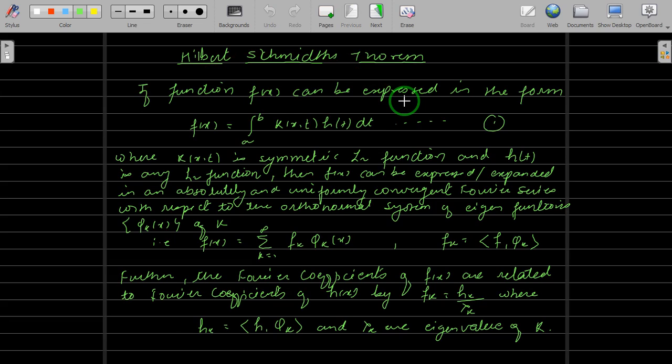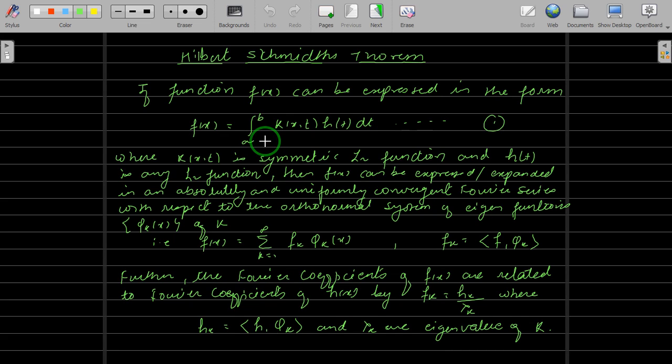The Hilbert-Schmidt theorem says: if a function f(x) can be expressed in the form f(x) equals the integral from a to b of K(x,t) h(t) dt. If you classify this integral equation, it is an integral equation where your unknown function h(x) is not outside the integral sign, and f(x) is there.